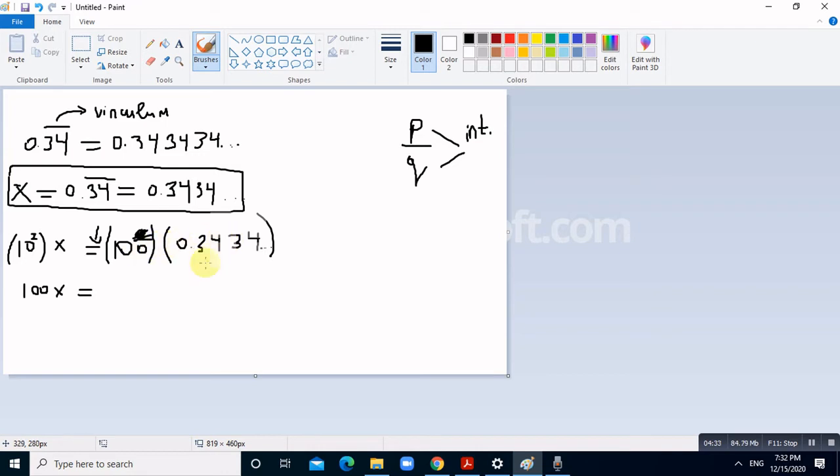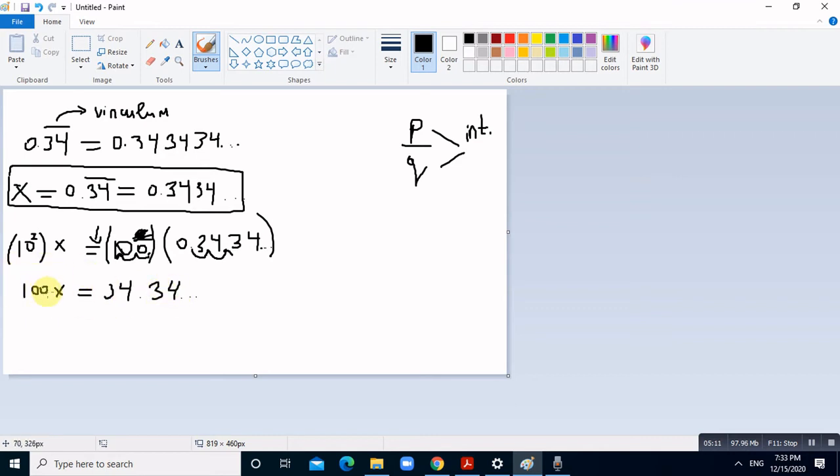If we multiply, this decimal point is going to move 2 places to the right, and this decimal point, which is technically here, is going to move over here. So then we get 34.343434 repeating, right? Which is 34.3434 repeating. Okay, so now we have this second equation over here.